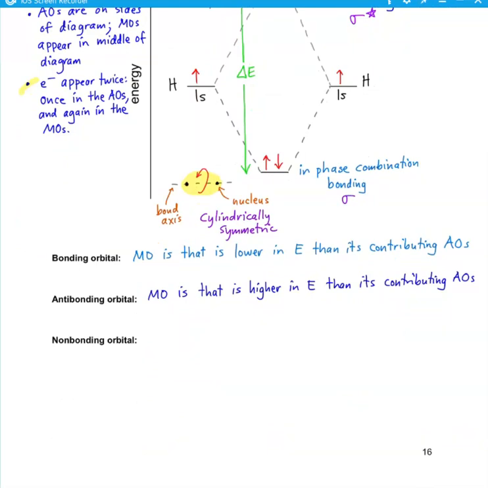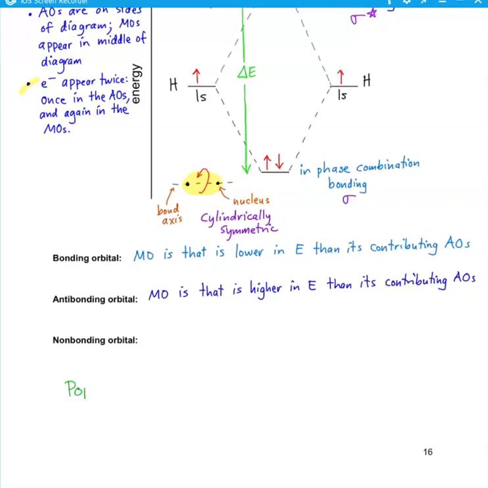So what we're going to say, as a general rule of thumb, is that populating, which means putting electrons into an antibonding orbital, destabilizes the corresponding bond.